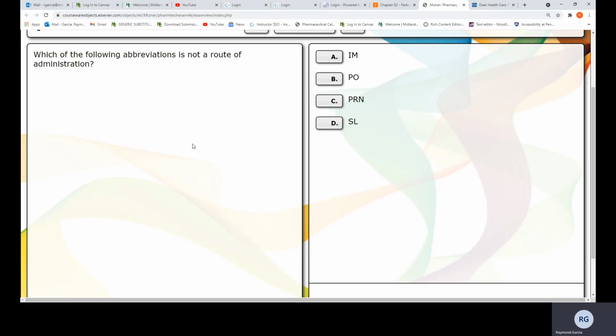You have PRN fill-ins, like people who work PRN, as needed, they're not full-time. But we're talking about route of administration. Is that a route of administration? That would be PRN.